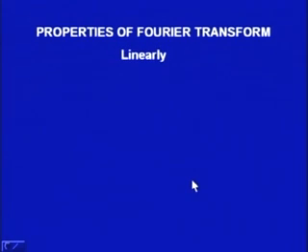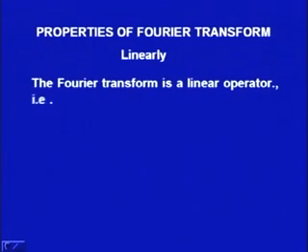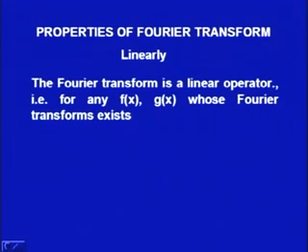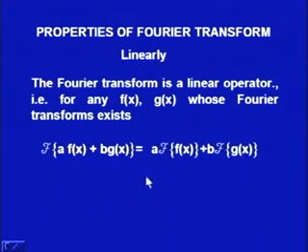First property is linearity, as we have seen in the Fourier cosine and Fourier sine transforms also. Here the Fourier transform is a linear operator, that is, for any two functions f and g for which the Fourier transform exists, the Fourier transform of a times f plus b times g is nothing but a times the Fourier transform of f plus b times the Fourier transform of g.